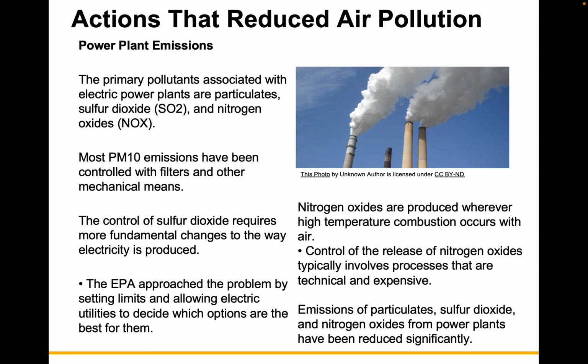And the EPA approached this problem by setting limits and allowing electric utilities to decide which options are best for them. Nitrogen oxides are produced whenever high temperature combustion occurs with air, and control of the release of nitrogen oxides typically involves processes that are technical and expensive. Emissions of particulates, sulfur dioxide, and nitrogen oxides from power plants have been reduced significantly.